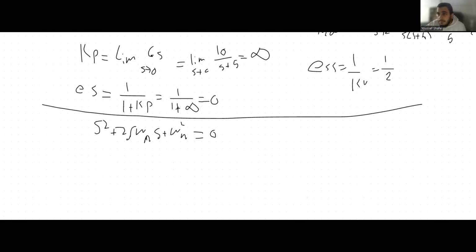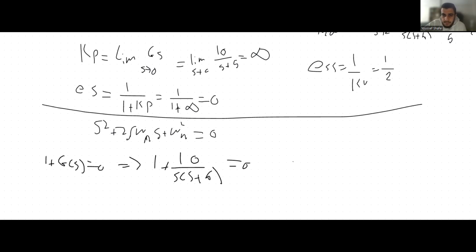The characteristic equation: 1 plus G(s) is equal to 0, so 1 plus 10 over s multiply s plus 5 equal 0. So it will be s square plus 5s plus 10 equal to 0.